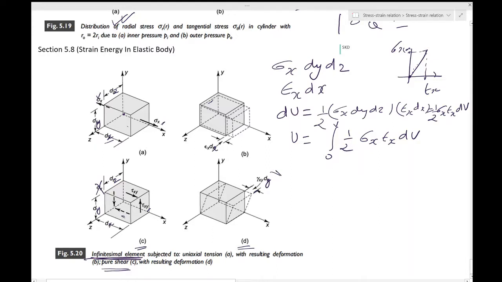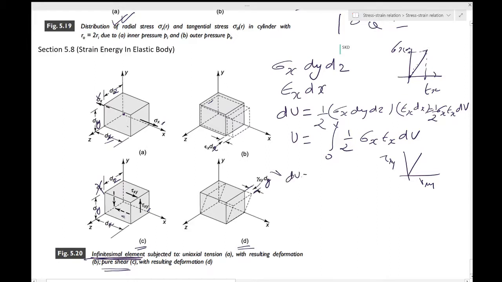Now if you want to find the strain energy for this small element, the same would happen here in the sense that tau xy would grow with gamma xy linearly because it is a linear elastic solid.